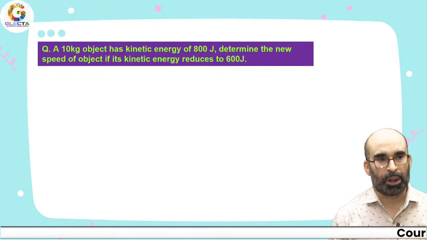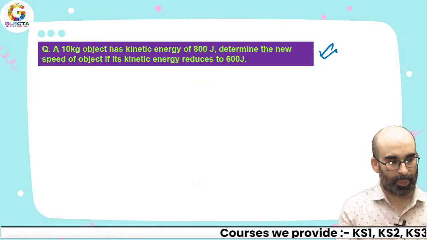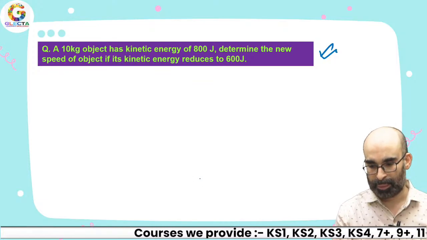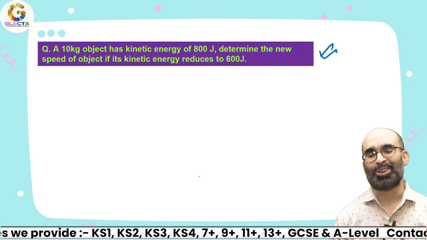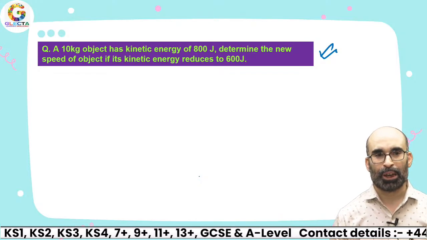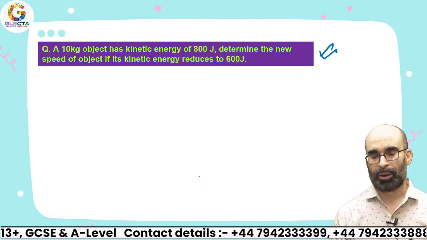Now, would you please let me know the answer to this question? So focus on this. At times what happens in your exams is that equations would be given to you, right?